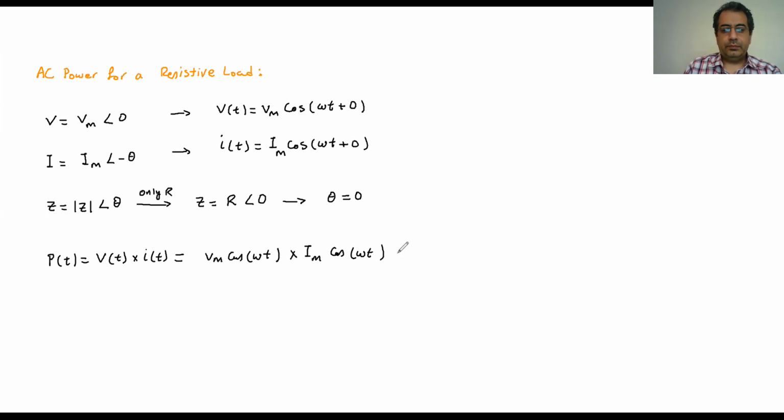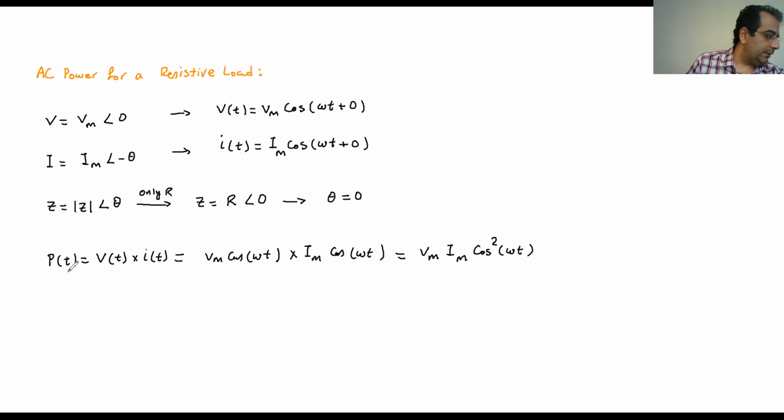If you do this, it's going to be V max, I max, and then cosine squared omega T. So this is the P of T that we have here, the power.